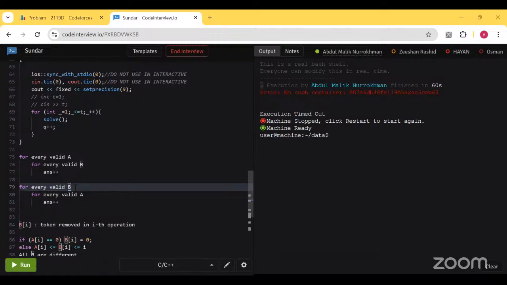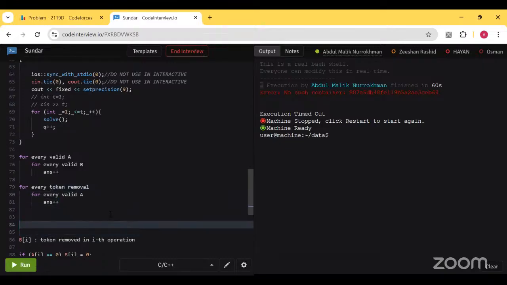It means for every token removal configuration, we want to find the number of arrays such that this token removal is satisfied. For example, we want to remove the token like this. We will remove 0 here, remove 2 here and remove 3 here.